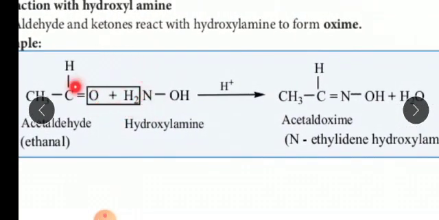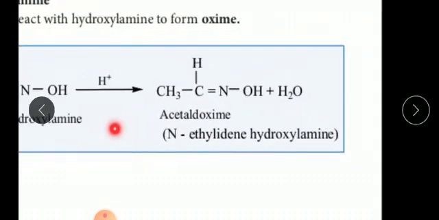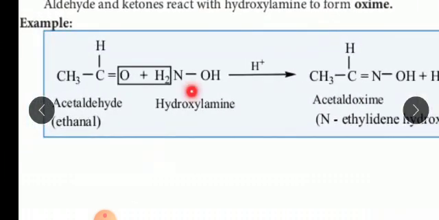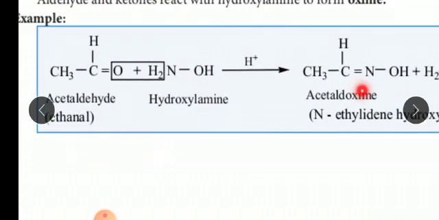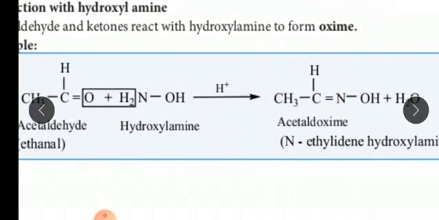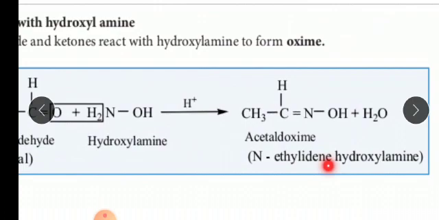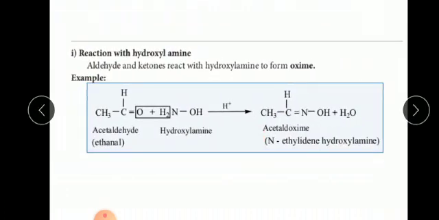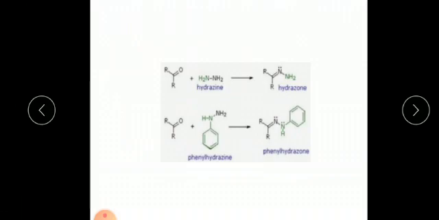From the acetaldehyde compound, H2O is removed in the presence of acid, and it gives the compound CH3CH=NOH, and H2O is removed. This compound is acetaldehyde oxime, the oxime compound. This is the first one, derivatives of ammonia or amine.